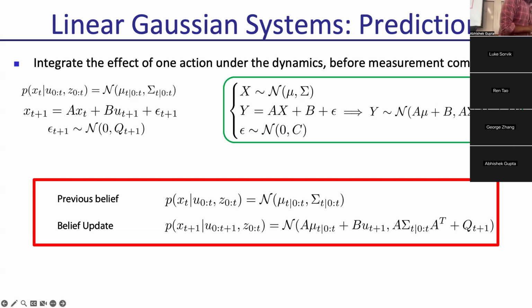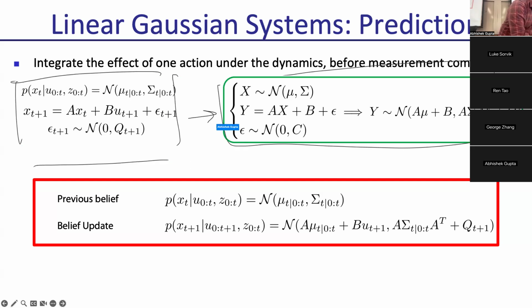Whenever you want to use these identities, you just pattern match one variable to another. You look at this, look at that, and try to pattern match. So xt plus 1 is y, xt is x, and so on.